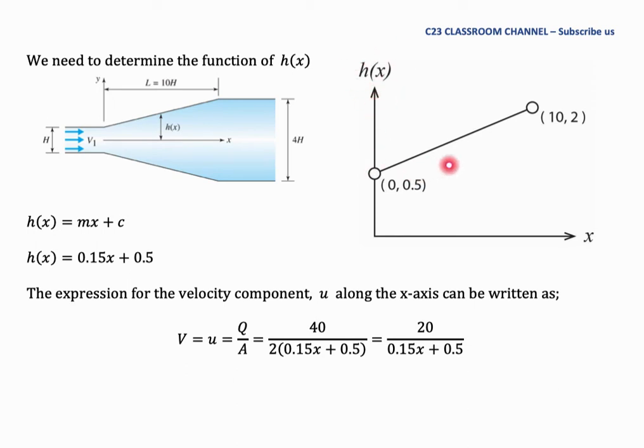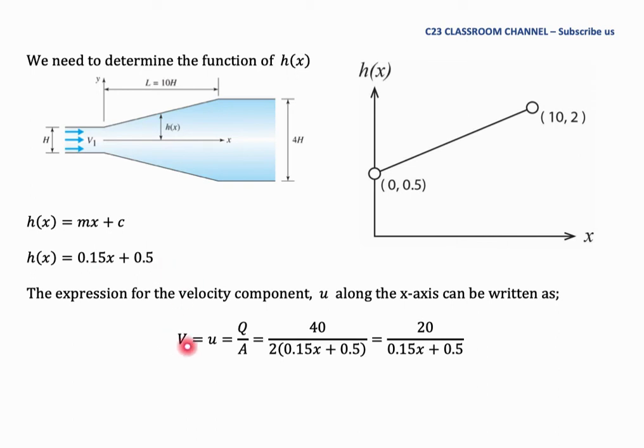I assume that you already know how to calculate the linear equation from this graph. So we calculate it. We could say that this line is h(x) equal to 0.15x plus 0.5.